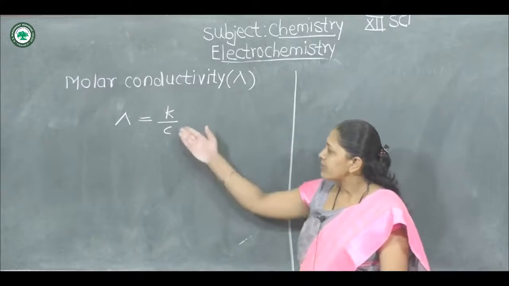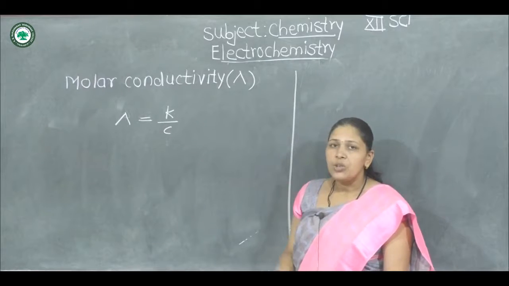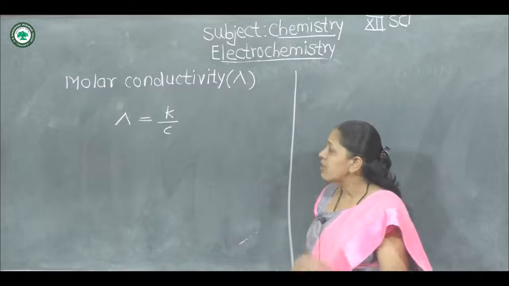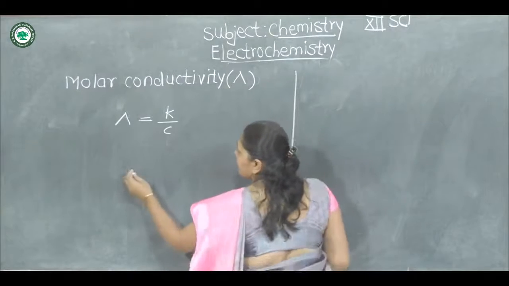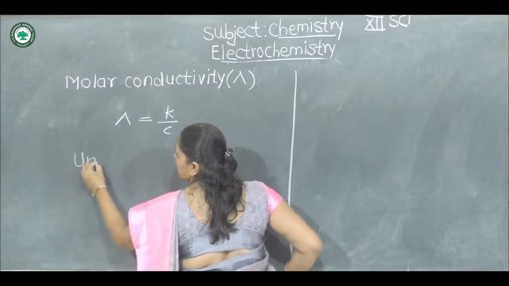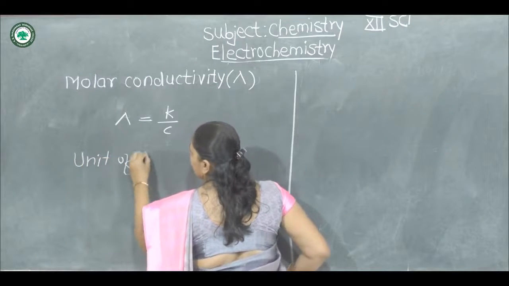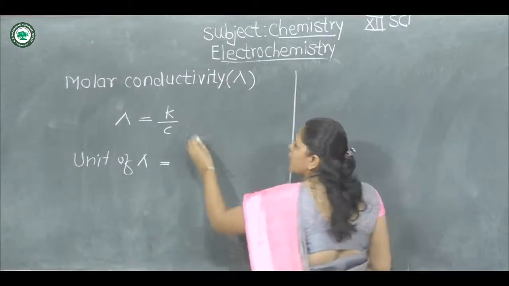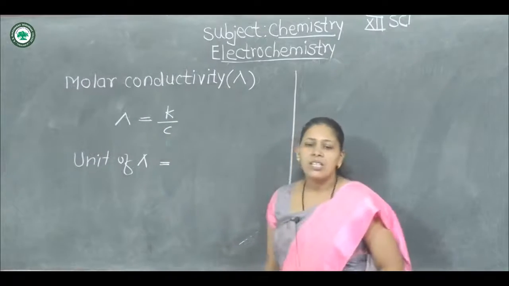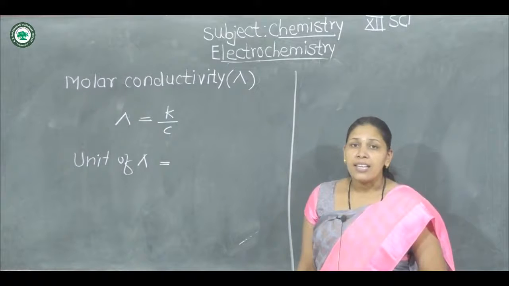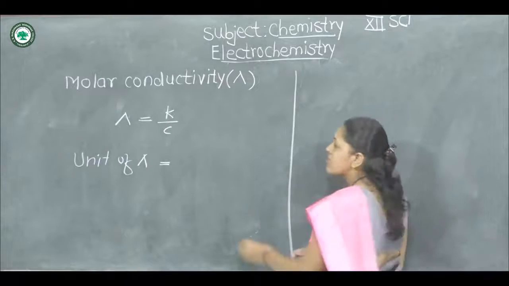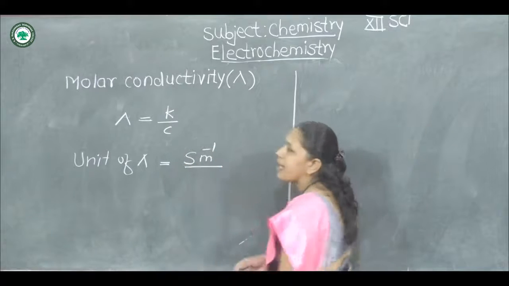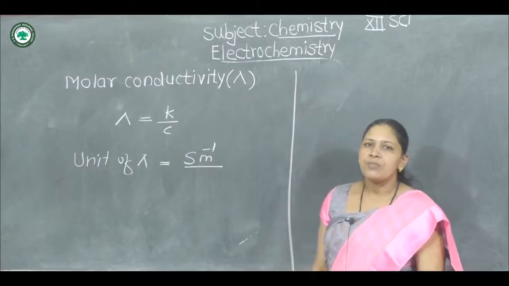We know that the unit of conductivity is Siemens per meter. Unit of molar conductivity, unit of capital lambda, is the unit of conductivity in SI system, Siemens per meter, divided by concentration.